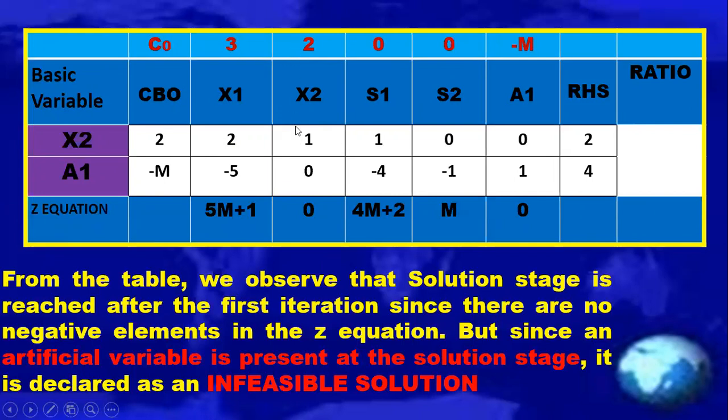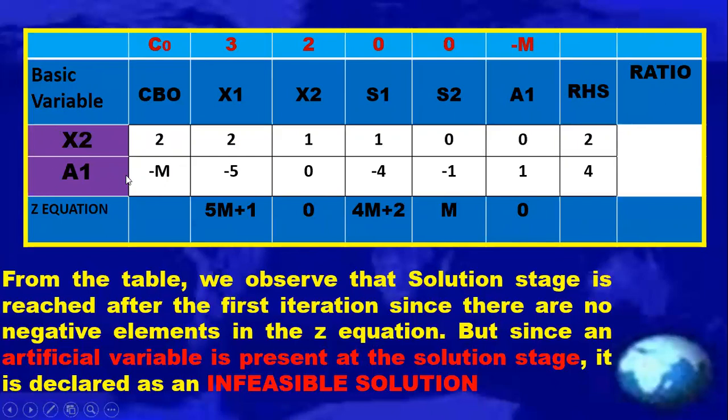So 2 minus 2 is 0. Next is 2 into 1, 2 plus 4m. So 4m plus 2. 2 into 0 is 0. Minus m into minus 1 is plus m. Again here minus m minus of minus m is plus m. So it is 0. See, if you see the z equation, there are no negative values.